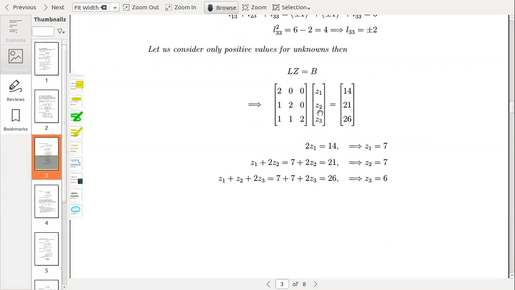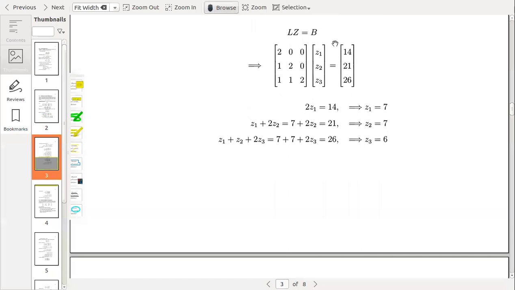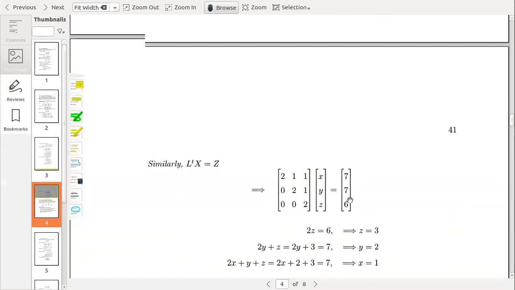If we multiply these two matrices, we will get equations like 2Z1 is equal to 14 and Z1 is equal to 7. Then 7 plus 2Z2 is equal to 21. So we make the three equations, and if we solve, we will get the values of Z1, Z2, and Z3 as given below.